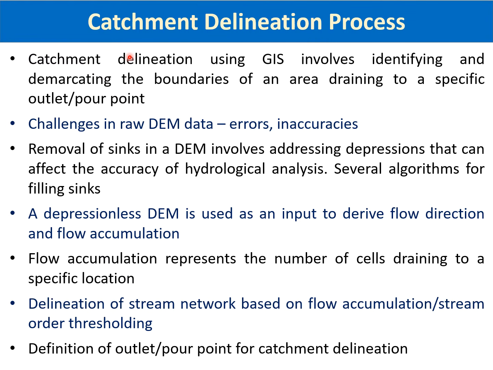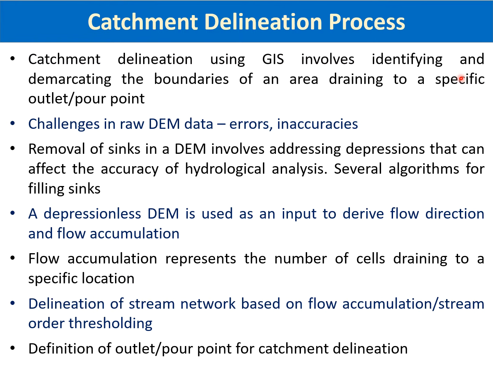Catchment delineation using any GIS application involves identifying and demarcating the boundaries of an area draining to a particular outlet point or pour point located on a stream network. Now the DEM which is used as an input for catchment delineation may not be accurate, it may have many errors.